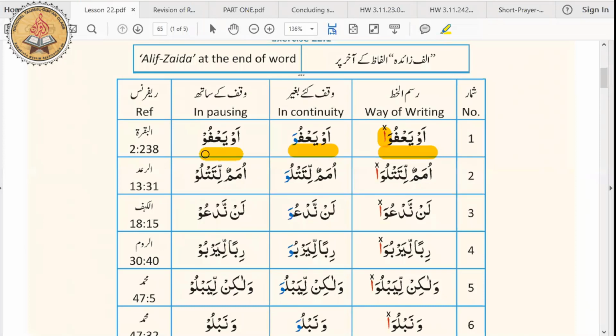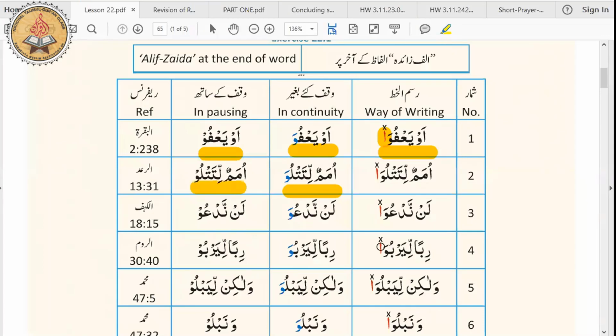How you read it when you are pausing over it? Well done. So you elongate for 2 seconds due to madd asli. And this word is taken from Surah Al-Baqarah, chapter 2, verse number 238. Can you read this one as well, please? Well done.